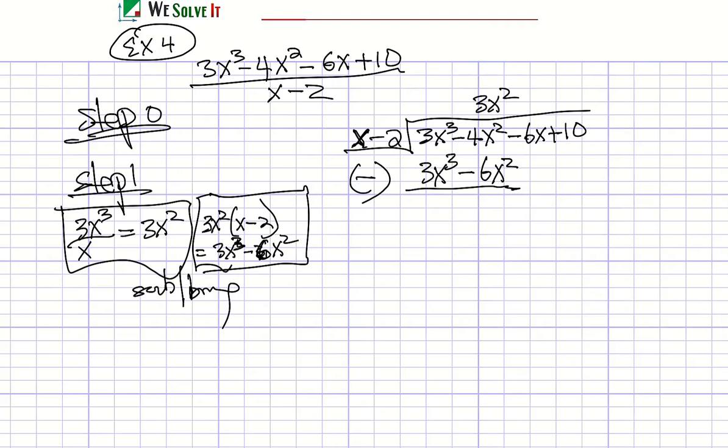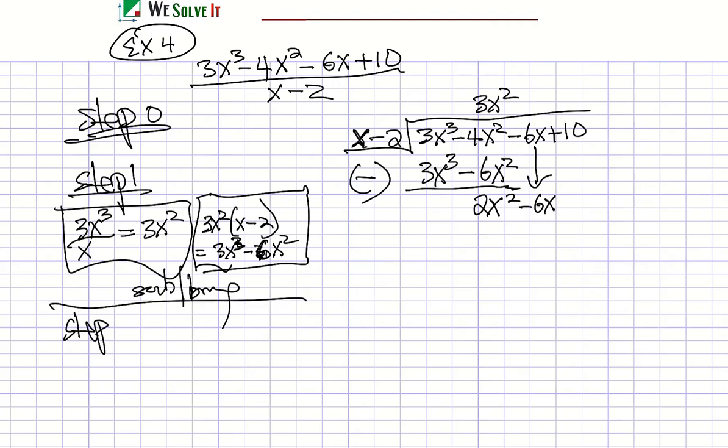The second term becomes positive 6x squared, which then gives you 2x squared, okay? And then you bring things down. Bring that one down. The next term you bring down, negative 6x. And you repeat the process.